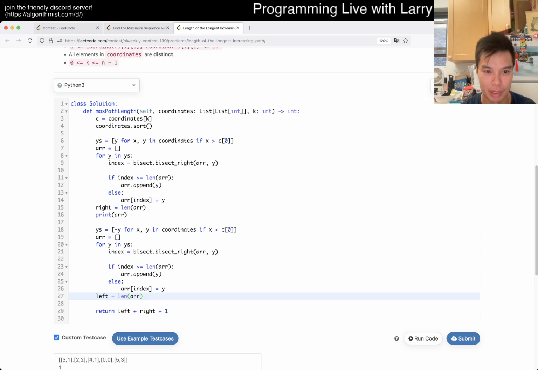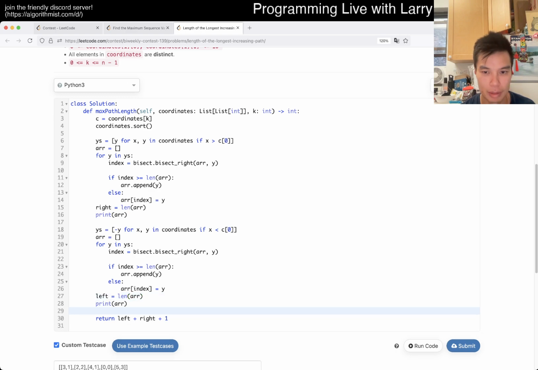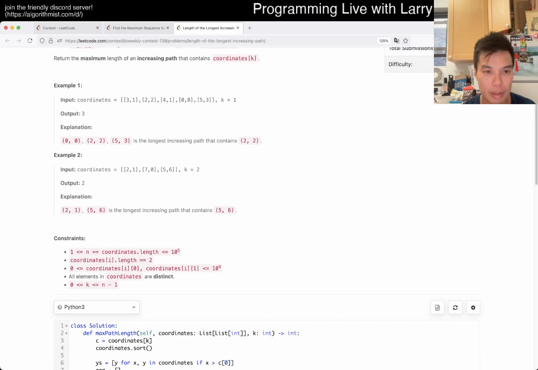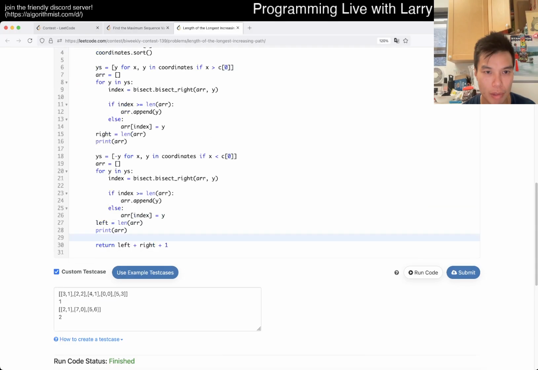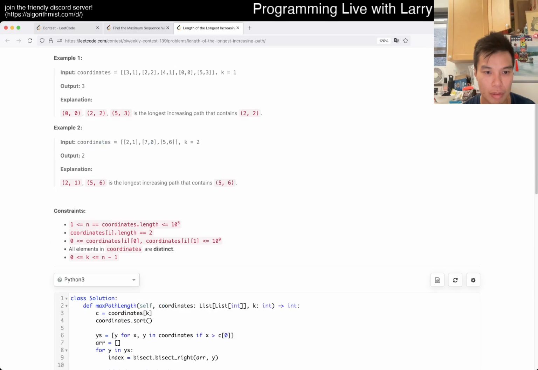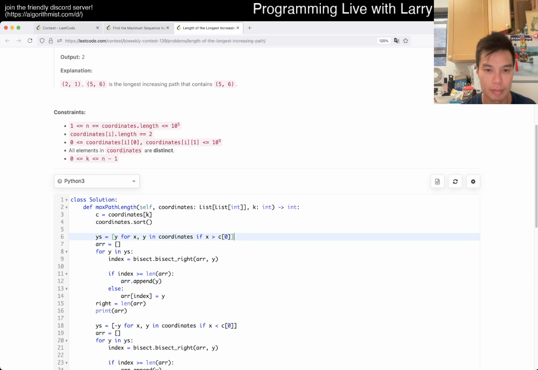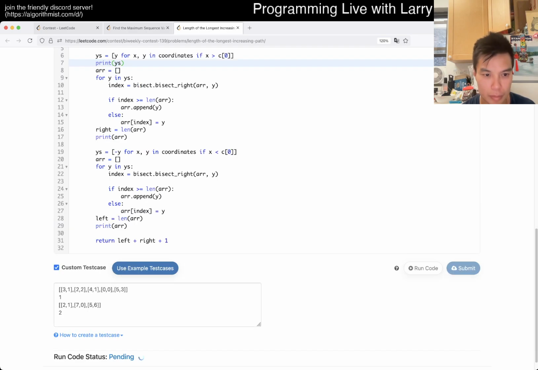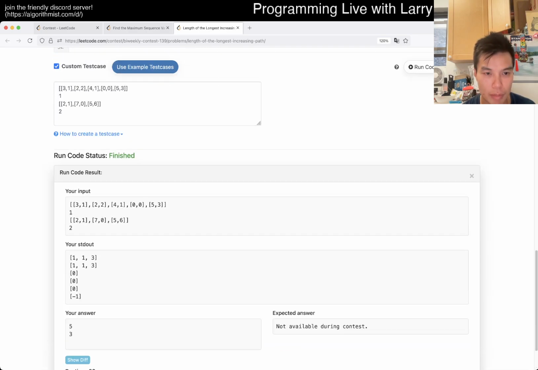Probably could have abstracted this, but okay, so it's definitely wrong. So we have 1, 1, 3, so we have to be bigger than 2.